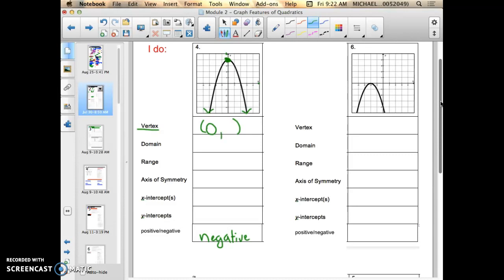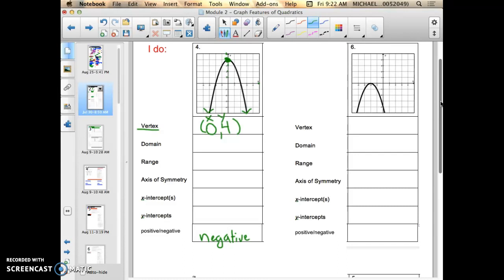We can assume that it's a little hard to see, but we can assume that each one of these hash marks on this grid is just 1, all right? Unless otherwise noted, but hopefully you'd be able to see that if it was otherwise noted. So I'm going to count up 1, 2, 3, 4 spaces. So the y value of the vertex is 4. All right, I found my vertex of this graph.